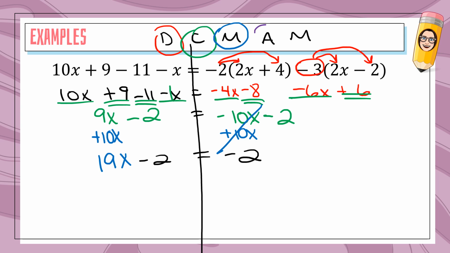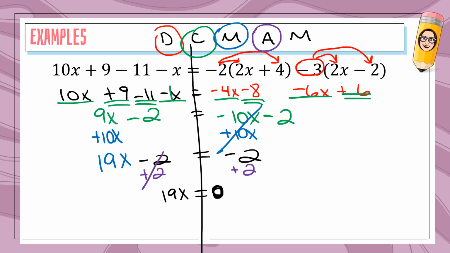Next step, undo any addition or subtraction. Instead of -2, +2. Now, some of you are going to want to drop down and then cancel that right side, but I can't have nothing, right? I always need something on both sides of the equation. -2 + 2 is 0. 0 is okay.